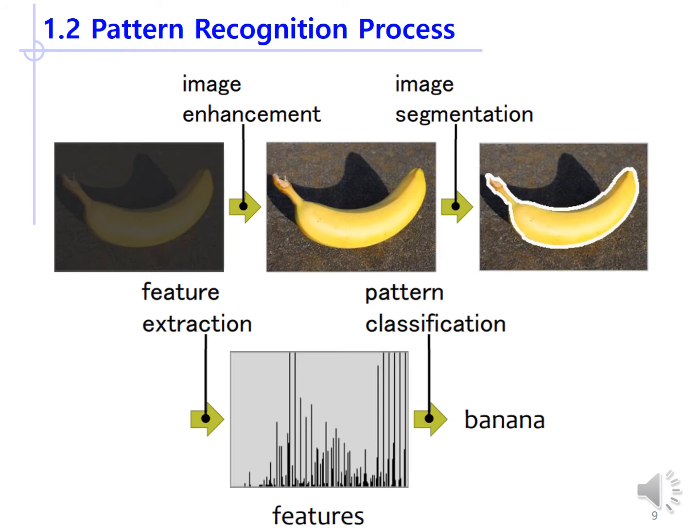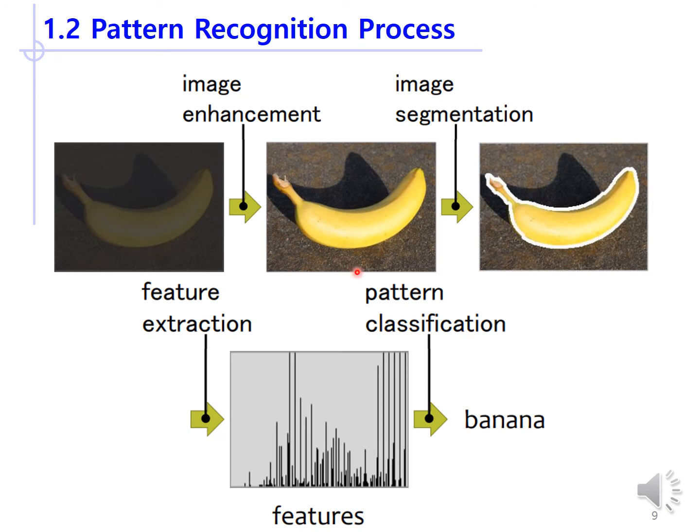This slide shows the pattern recognition process. Image processing is applied to the dark input image, whose balance is not good. Then the quality of the image is enhanced. Then the banana should be segmented from the background. That means determining which area is a banana and which areas are background.